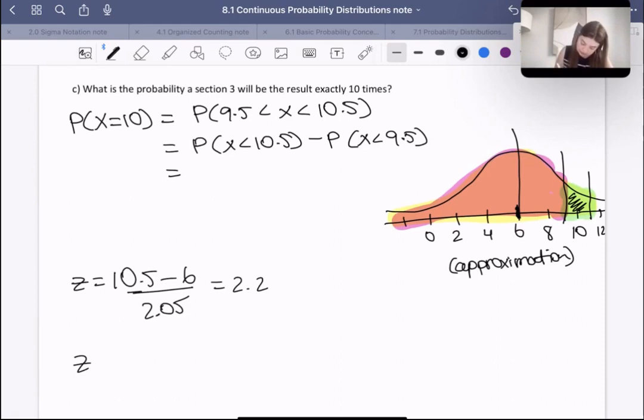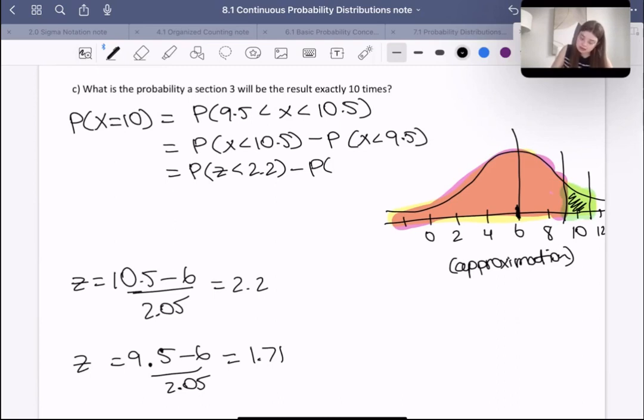And our z-score for 9.5 is going to be equal to 1.71. So essentially what we want to know is what is the probability that z is less than 2.2 minus the probability that z is less than 1.71.